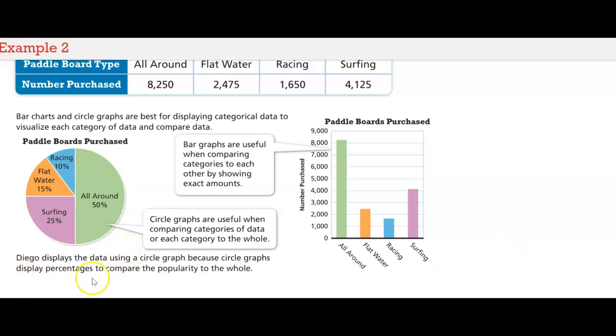So Diego displays the data using a circle graph because circle graphs display percentages to compare the popularity to the whole. So if you want to know the majority of people who like a certain thing, percentages are usually used. Circle graphs already use percentages, which makes that easy to read.